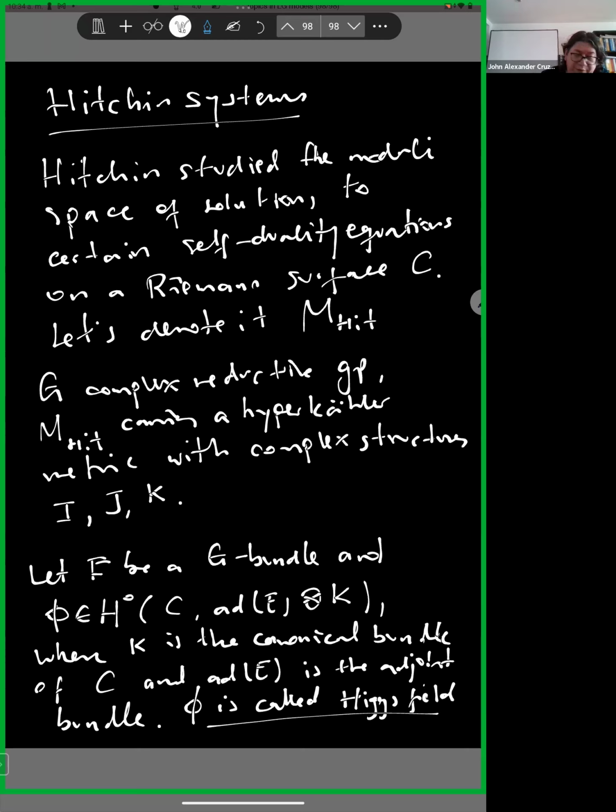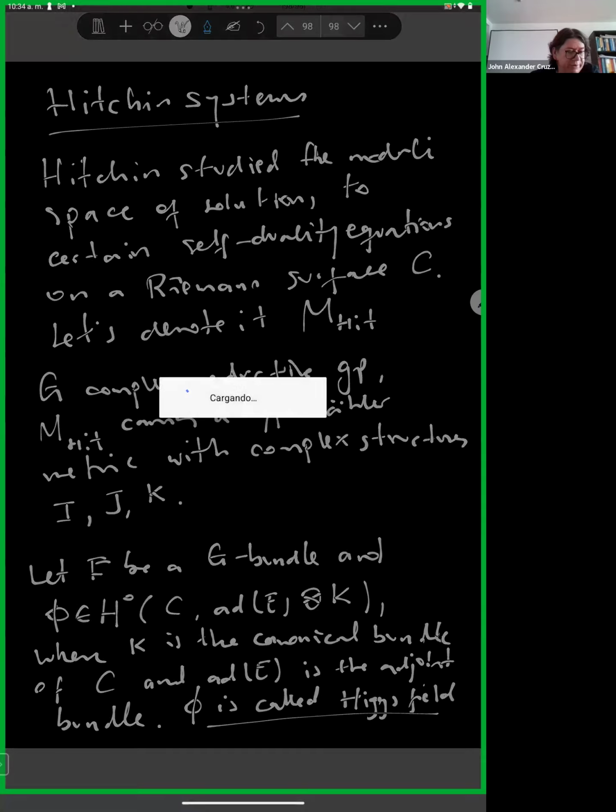Now we want to consider the pairs of these G bundles with the corresponding Higgs field. Let me denote by M_Dol the moduli space of pairs (E, phi).